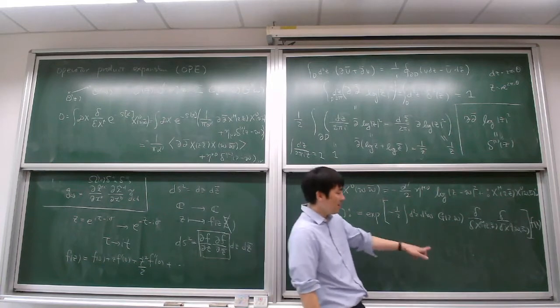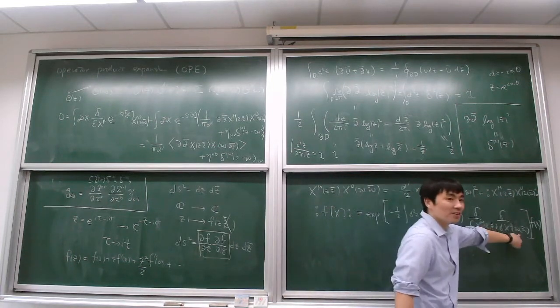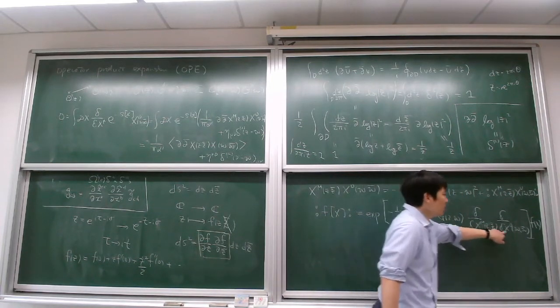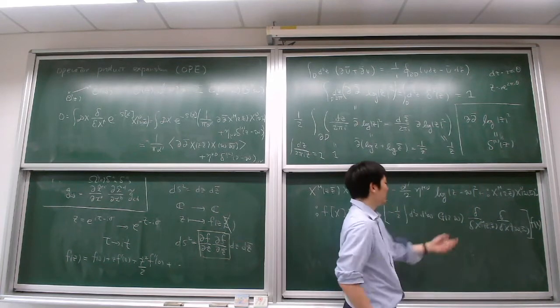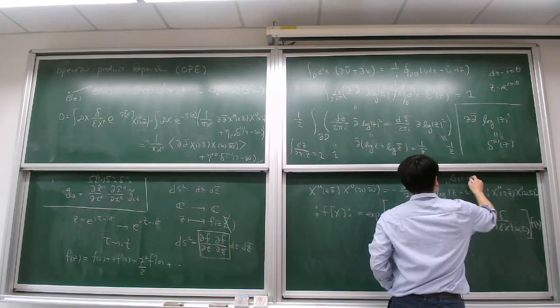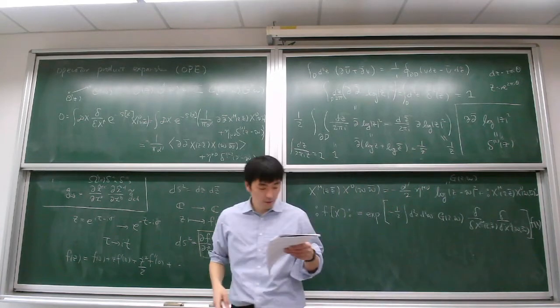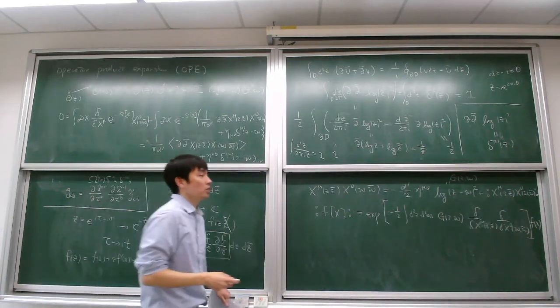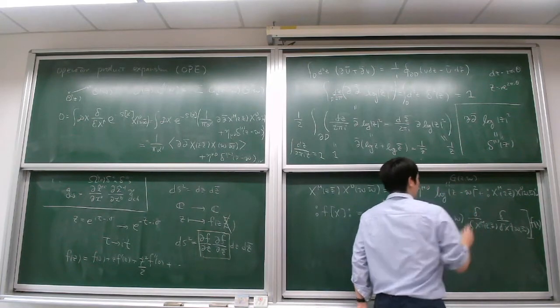You just apply the variation to the function, and you get g, which I define as g z w.